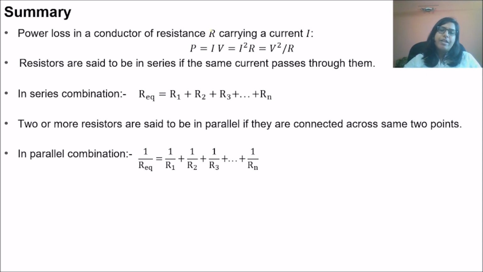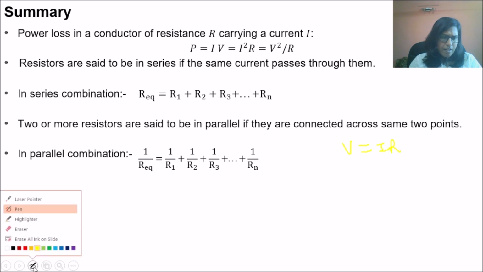And for parallel combinations voltage will be the same across all resistors, and R equivalent will be like this: 1 upon R equivalent equals 1 upon R1 plus 1 upon R2 plus 1 upon R3, like this, right? And we have studied V equals IR for Ohm's law.